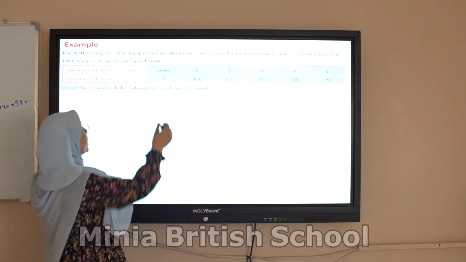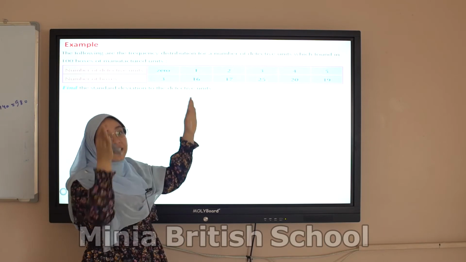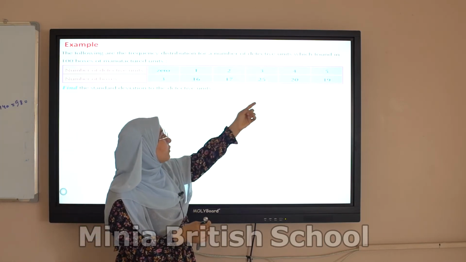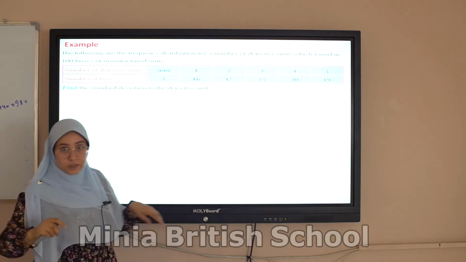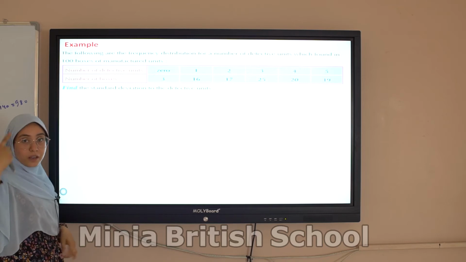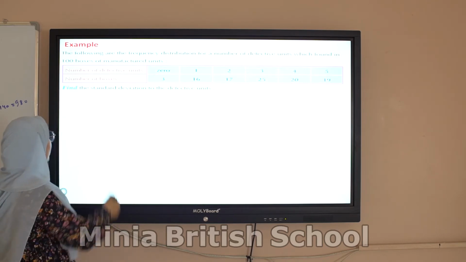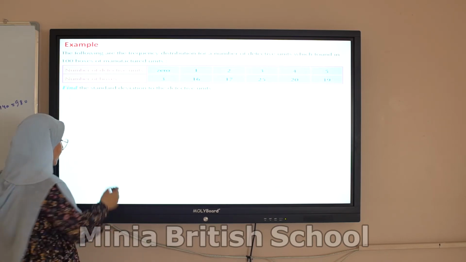For 0, I have 3 boxes. For 1, I have 16 boxes. For 2, I have 17, for 3, 25, for 4, 20, and for 5, I have 19 boxes. This is the meaning of the frequency distribution here. I need to find the standard deviation.